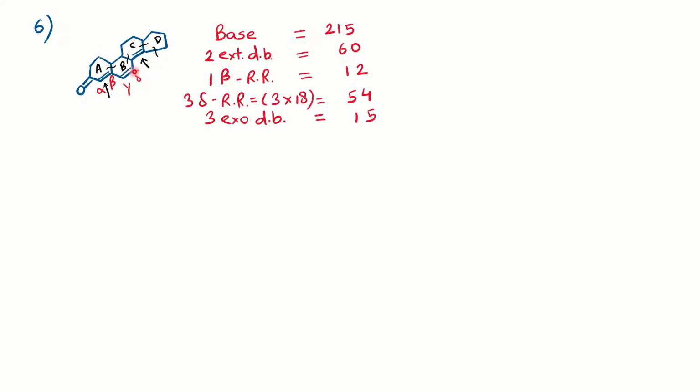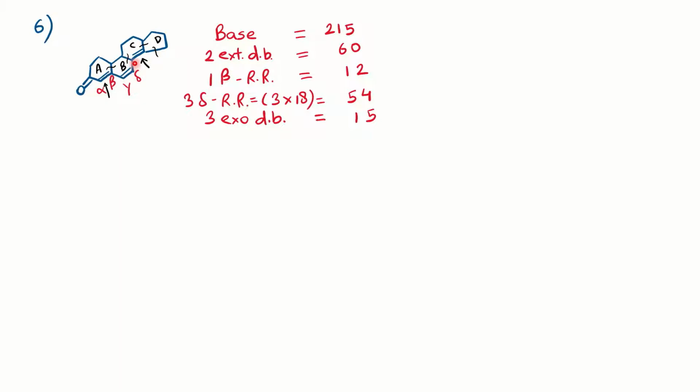Whatever ring residue is present, we put it as delta substituent. Fine. So 6 membered carbonyl 215. How many extended double bonds? 260. Then along the conjugation, you have one sigma bond outside the conjugation at beta position.